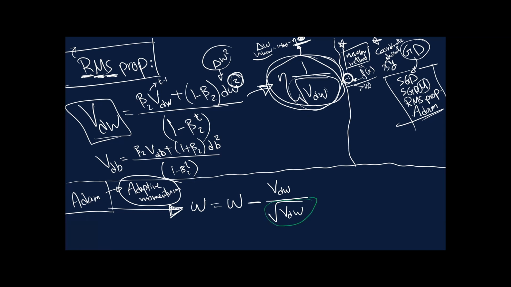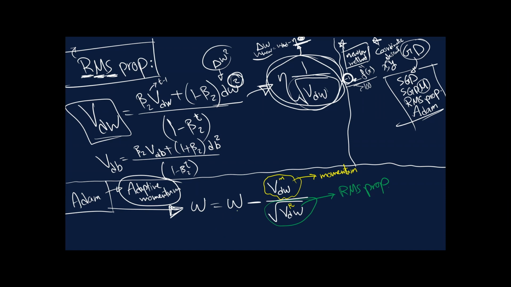So we take the VdW of RMSprop, and this other VdW is the VdW of momentum. Not to confuse them because they have the same symbol here. That's VdW of momentum, and that's VdW of RMSprop.